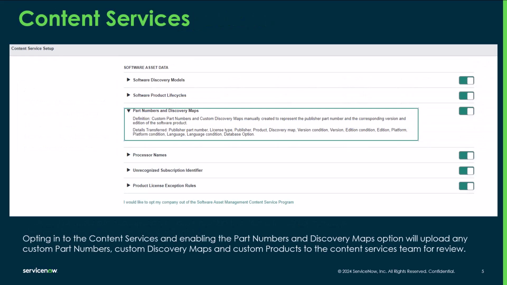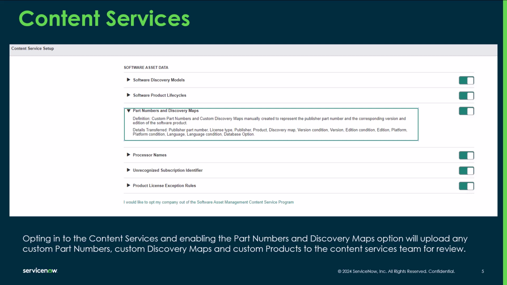In order to have this work well for your environment, make sure that you're opted into the content services, and specifically that the option for part numbers and discovery maps is enabled, because that's what uploads all of your custom part numbers and custom discovery maps to the ServiceNow content team for review.